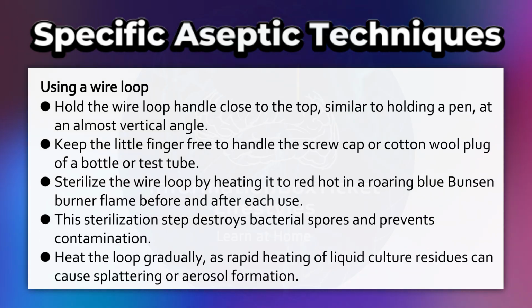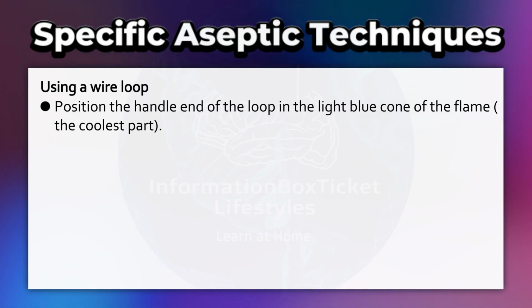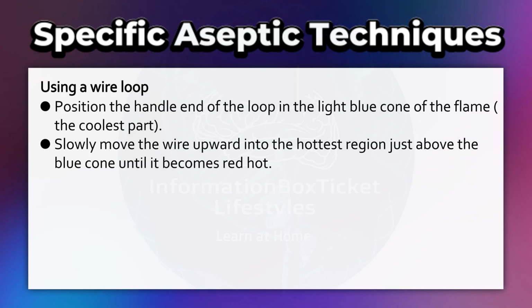Heat the loop gradually, as rapid heating of liquid culture residues can cause splattering or aerosol formation. Position the handle and the loop in the light blue cone of the flame, the coolest part. Slowly move the wire upward into the hottest region just above the blue cone until it becomes red hot.